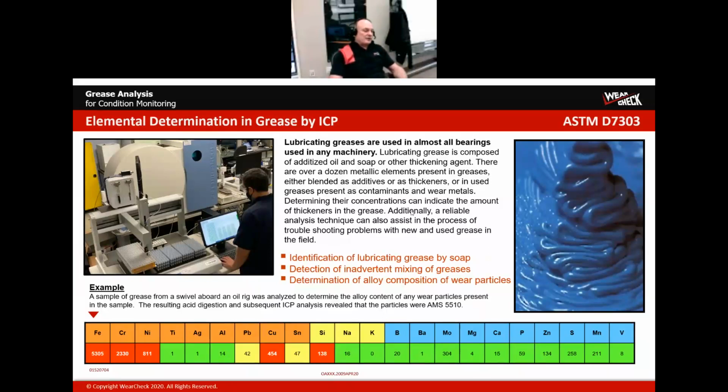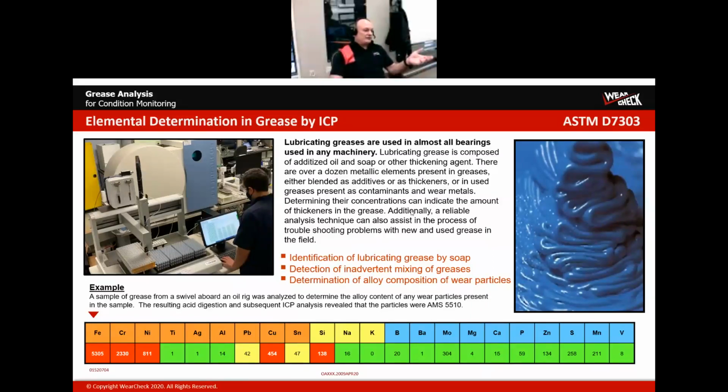And that's what a spectrometer is picking up. In a grease, though, those particles tend to stay embedded in the grease and they accumulate. So one of the things that we do see in grease analysis compared to oil analysis is much higher spectroscopic readings for things like iron and chrome and nickel.